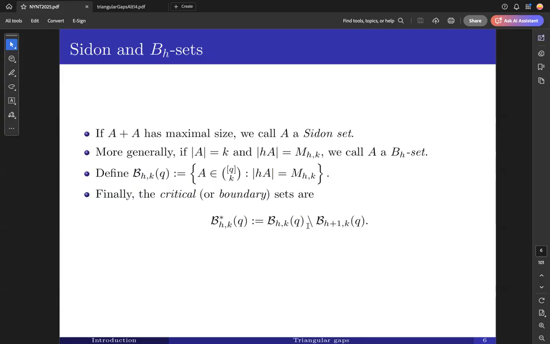So these are k-element subsets of the first q natural numbers whose h-fold iterated sum set is of maximal size, but if I compute the (h+1)-fold iterated sum set, it's now got some overlap. So for any set A, it's got some critical h after which things start overlapping and the sum set doesn't grow optimally. Of course, if h is bigger than q, then everything's going to fall apart, but we're going to be keeping h much smaller than q.